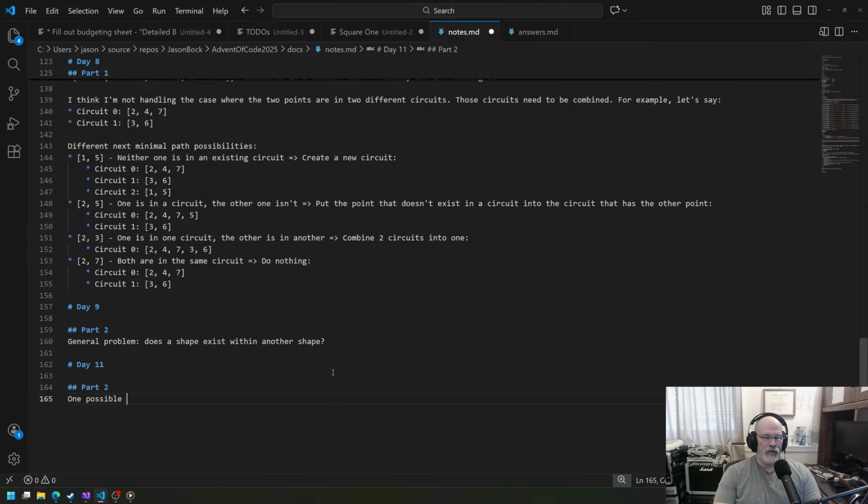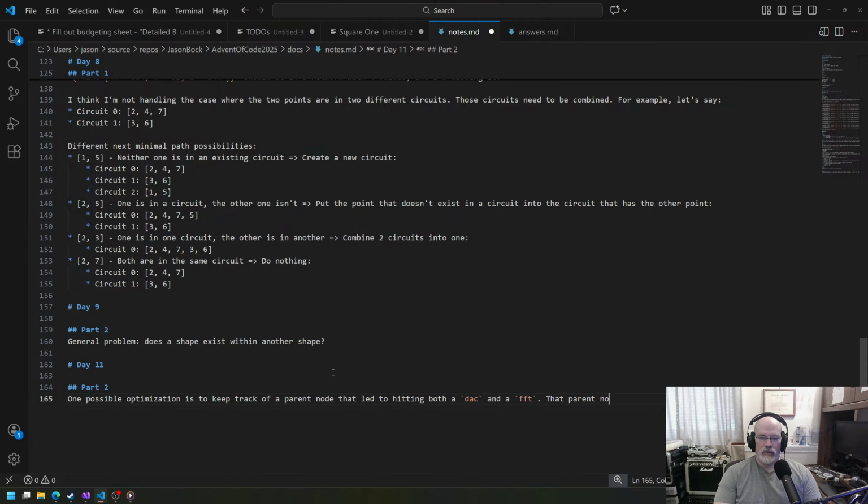One possible optimization is to keep track of a parent node that led to hitting both a DAC and a FFT.